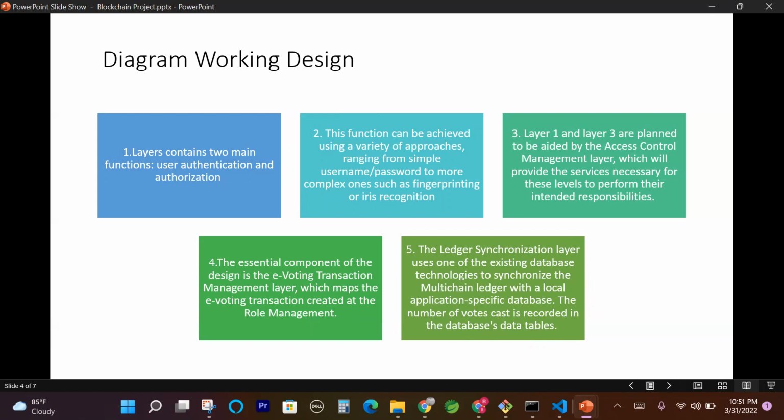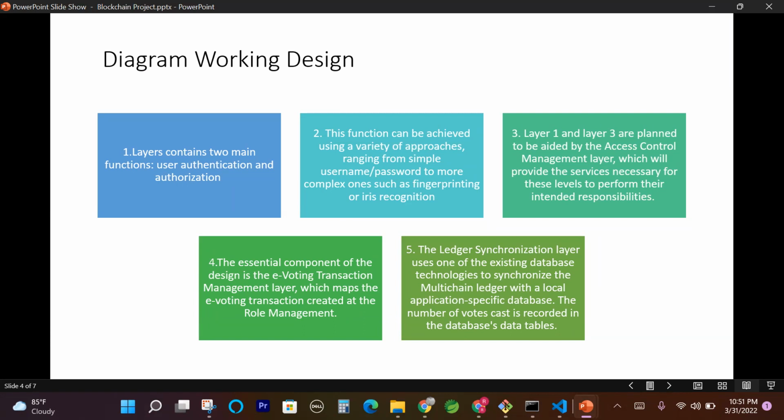The users here refer to the voters as well as the administrators. It limits the access to only the listed voters, and the user authentication can range from simple passwords to complex methods like iris recognition or fingerprinting.